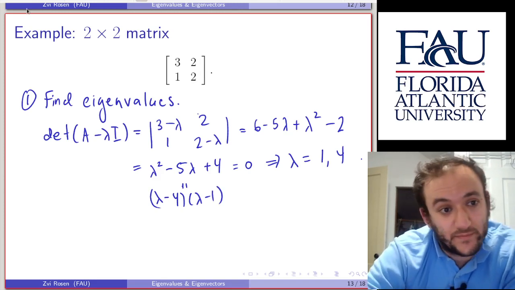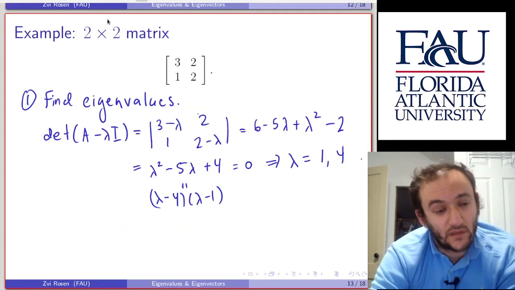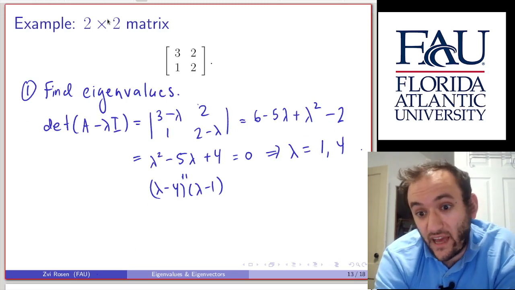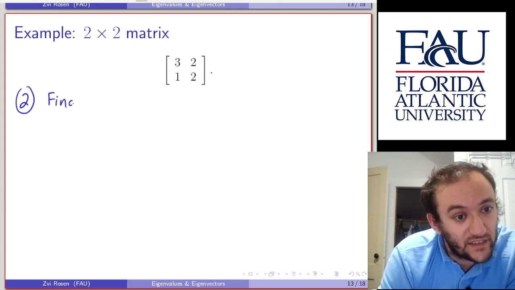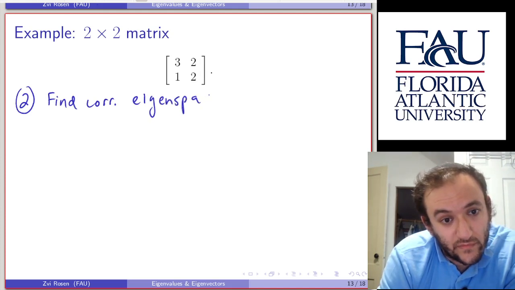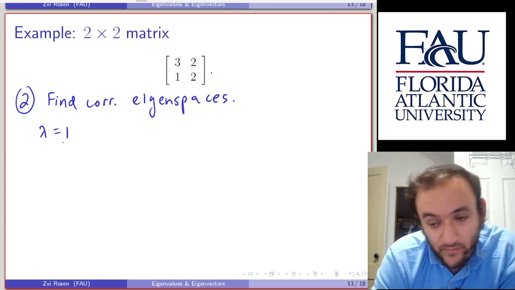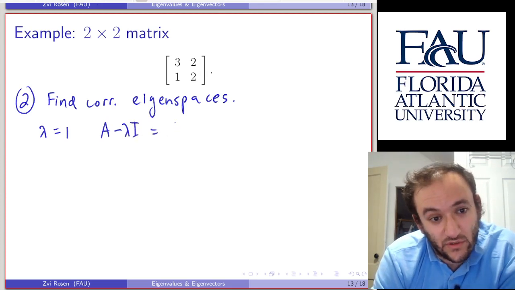So that's step 1. So step 2, once we have our eigenvalues, is to find the corresponding eigenspaces. So we'll start with lambda equals 1. We write down A minus lambda I, which is the matrix 2, 2, 1, 1.